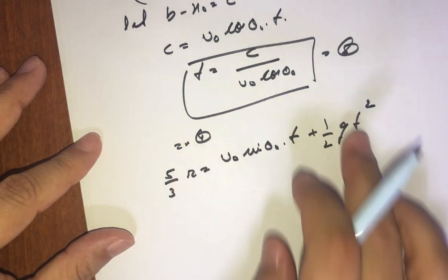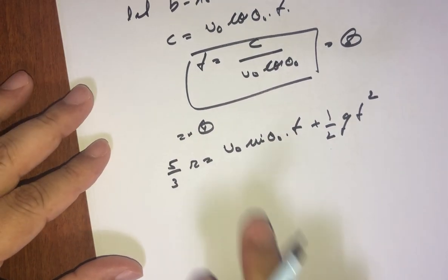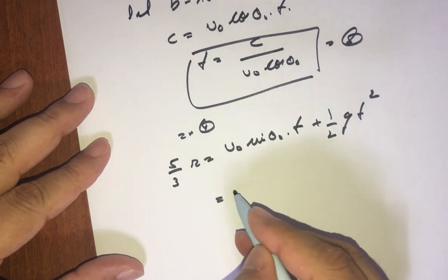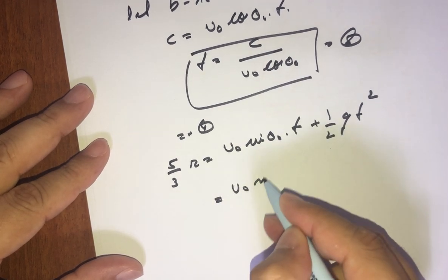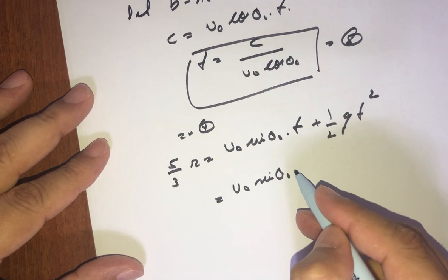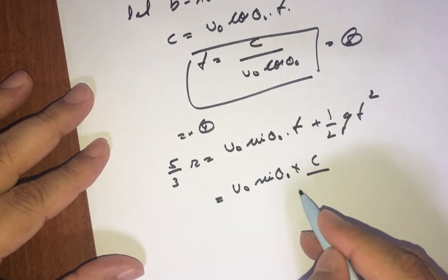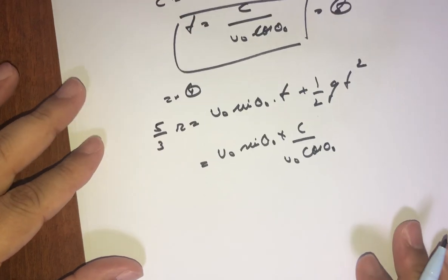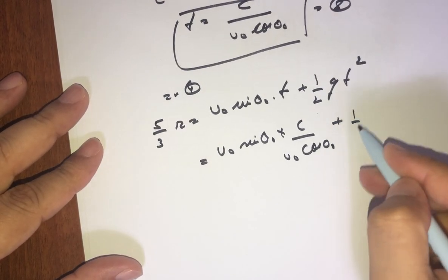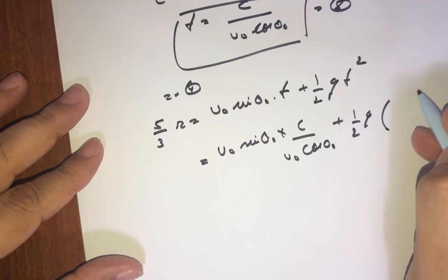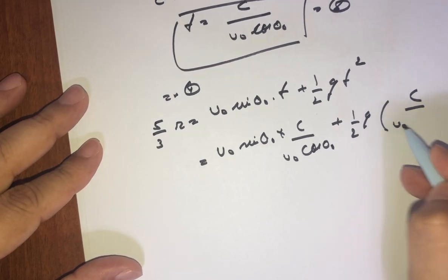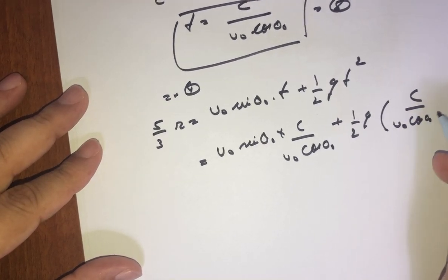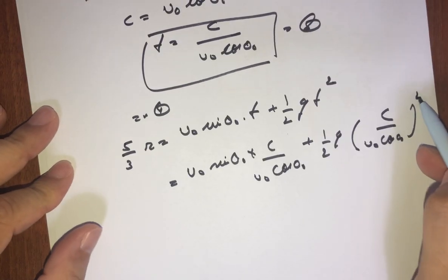In this equation we are going to substitute the value of t. So we got v naught sine of theta naught into c divided by v naught cos of theta naught, plus half g into c over v naught cos of theta naught, and its whole square.